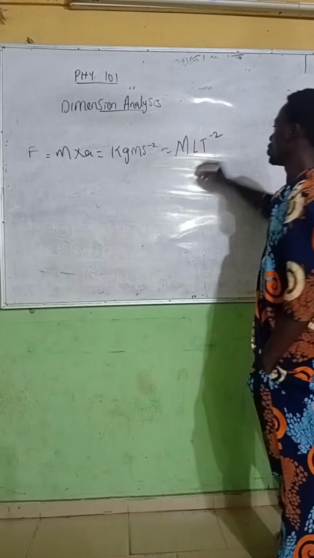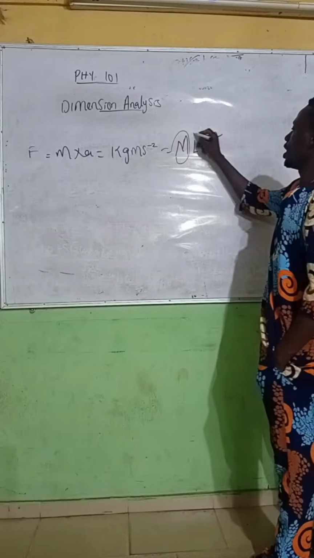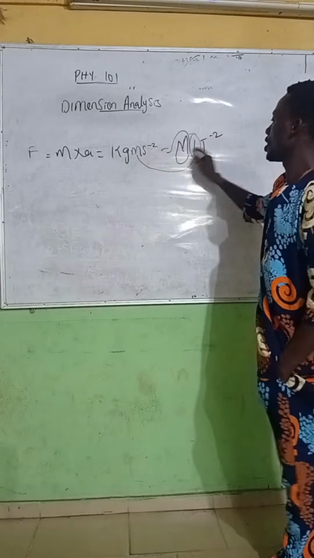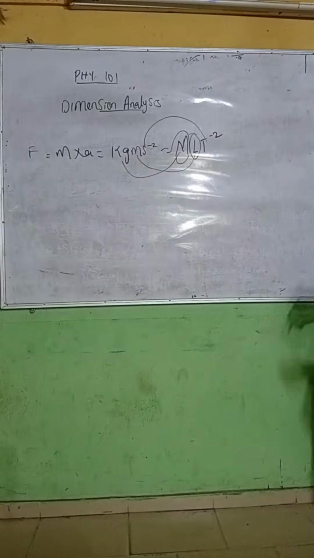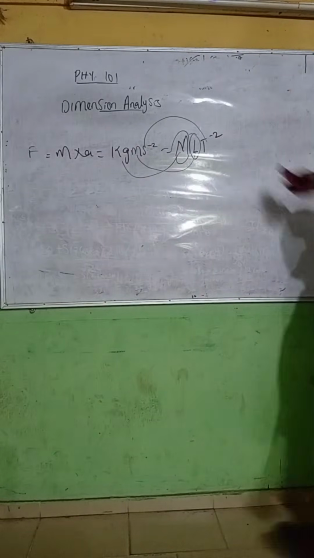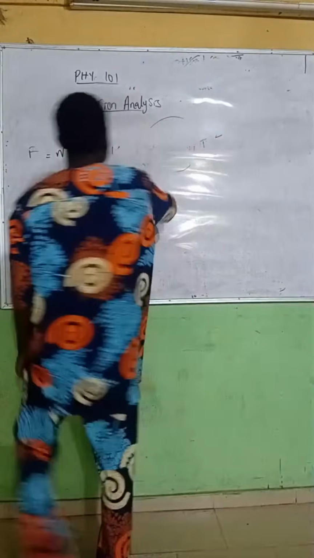MLT minus 2. M for mass, L for length, which is this meter, and T for the second. So that's that for that. They will not ask you something like this.